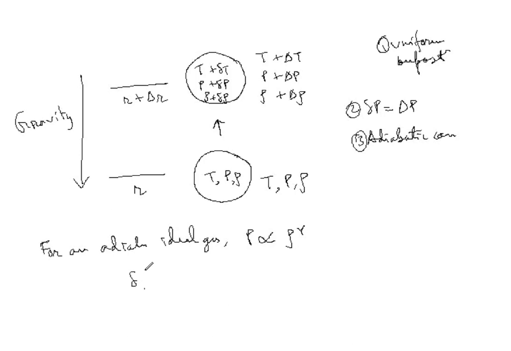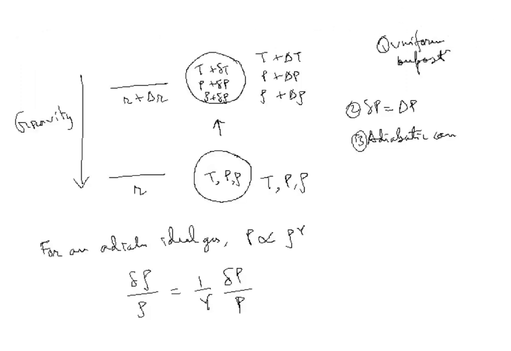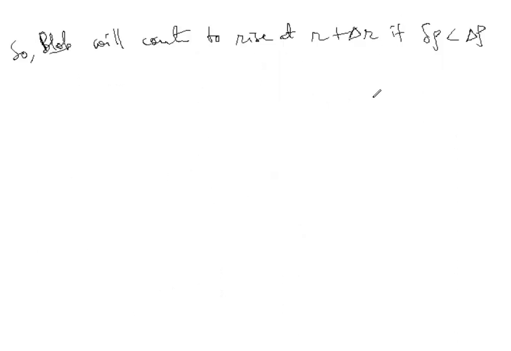So from this we have del rho by rho is equal to 1 by gamma del P by P. So the blob will continue to rise to r plus delta r if this change is less than this change, that is, if its density over here is less than that outside. So notice this.